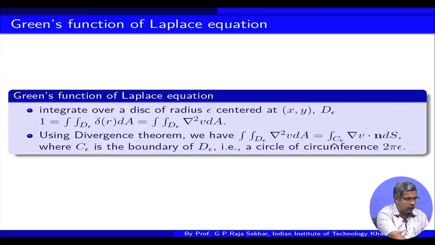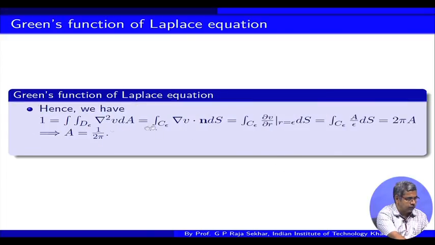So, if C epsilon denotes the boundary of the disk D epsilon, then by Gauss divergence theorem we get this, and since it is a circle of circumference 2 pi epsilon, we get simply this is the flux dV dr, and the corresponding line element r d theta is considered. So, that will be epsilon d theta, and the dV dr is A by epsilon. So, what we get is 2 pi A. So, this implies A is 1 by 2 pi.